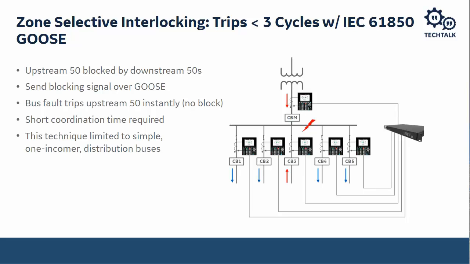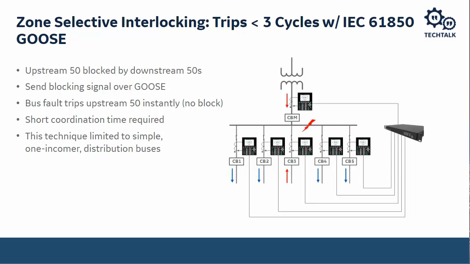So this is not quite instantaneous. We need a little bit of coordination time because we need time for that message from the feeder breaker to get to the main breaker. If you have a network solution like shown here where you can pass GOOSE messages, this works out really ideal because GOOSE messages are super fast. You can get that message there in around 3 milliseconds.